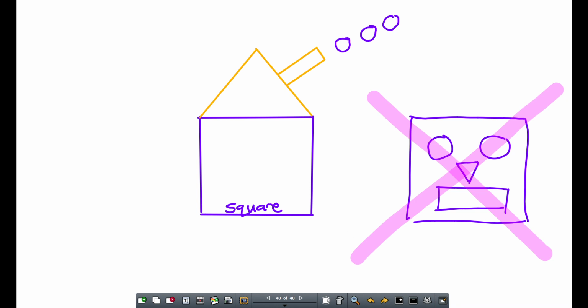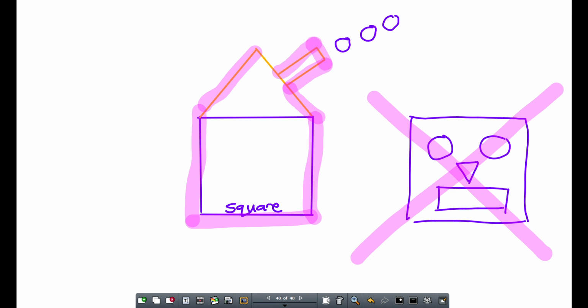Perimeter of the shape means I've got to get that, and this, and that, all the outsides.